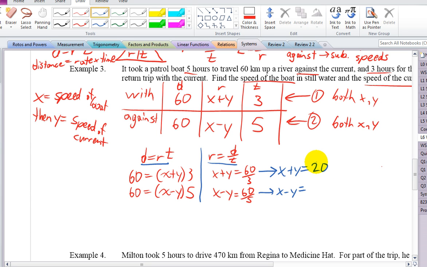And what's the next one? 12. Is that easy to work with? Yeah. What about the other one? 60 equals 3x plus 3y. 60 equals 5x minus 5y. Are those easy to work with? Good answer. Not as easy.